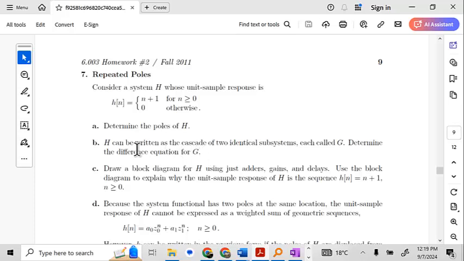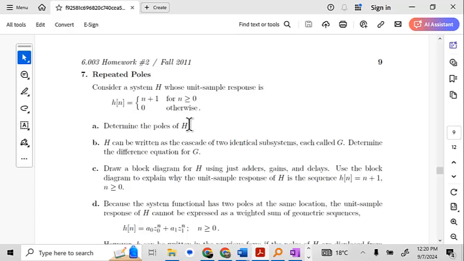Now for part B, H can be written as the cascade of two identical subsystems, each called G. Determine the difference equation for G. Now, you will find out that this impulse response can be written as a square.